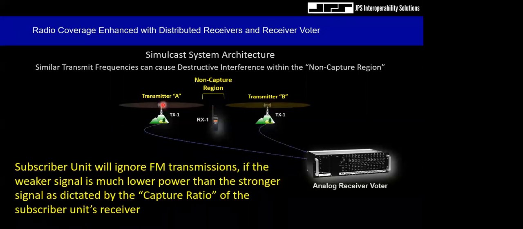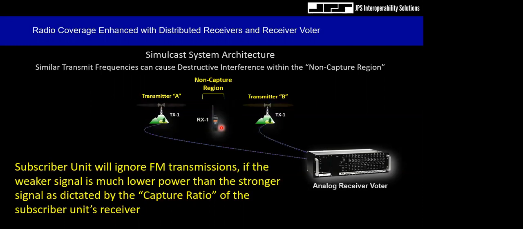All right. So once we're in this overlap region, now the capture ratio comes into effect. If I have 10 dB of a capture ratio, and there is not 10 dB of difference between transmitter A and transmitter B, right? If I'm right here in the middle, there's probably 1 dB of difference. My subscriber unit will not be able to suppress one of the other side. I'm going to receive communications from both sides.